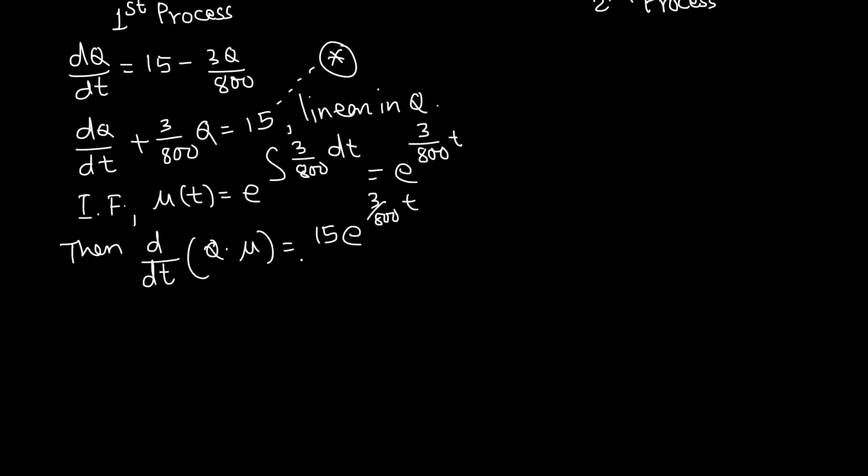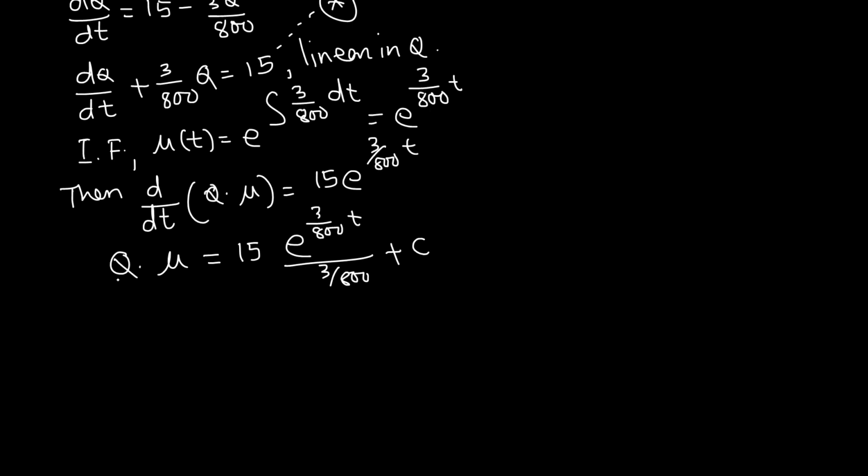Now integrate both sides. We get mu times Q, where mu is this exponential function, equals the integral of 15 times the exponential, which integrates to the same exponential divided by 3/800, plus C. Now we divide both sides by mu. So Q is a function of t.